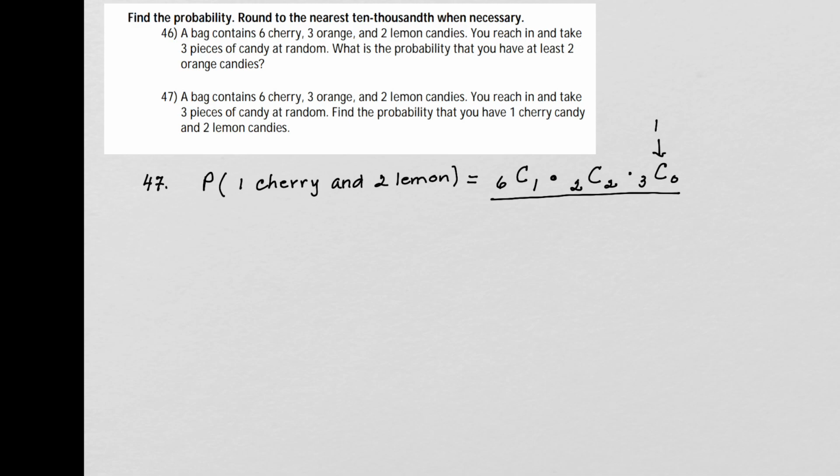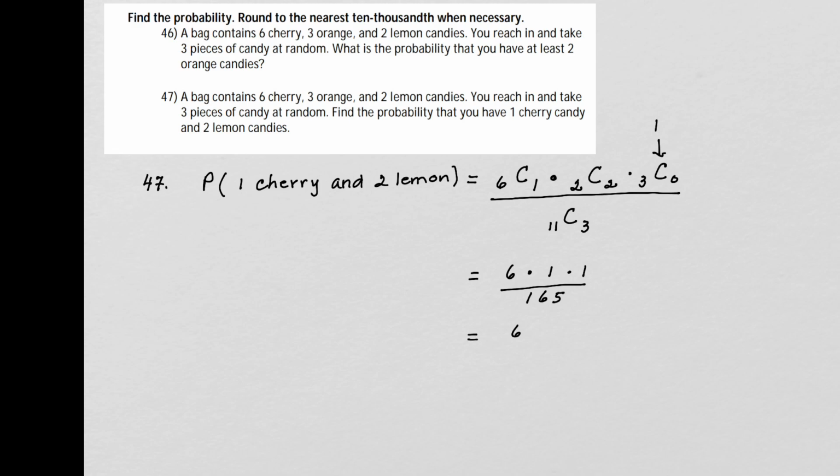In the denominator, again, we have how many candies we have to select from. That's still 11, and we're still selecting 3 total. So we know that 11C3 is going to be 165. So 6C1 is 6, 2C2 is 1, 3C0 is 1, and the denominator is 165.